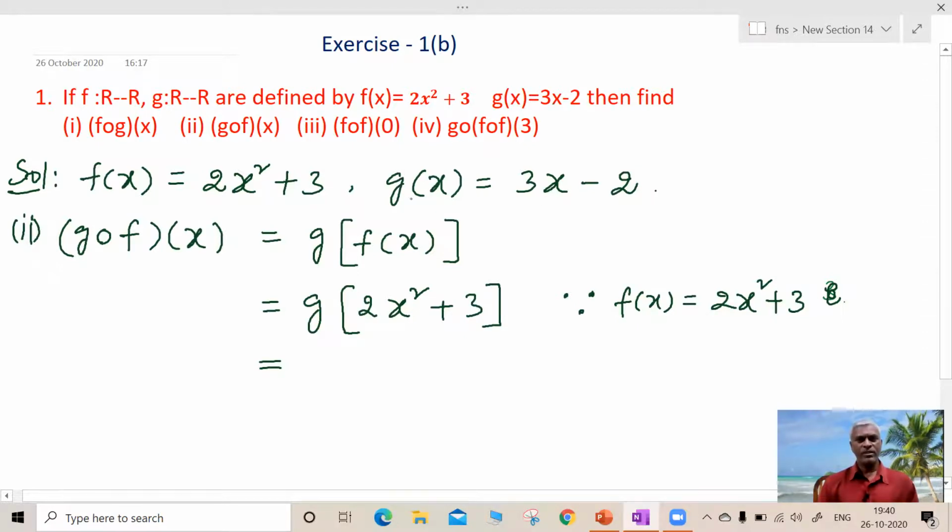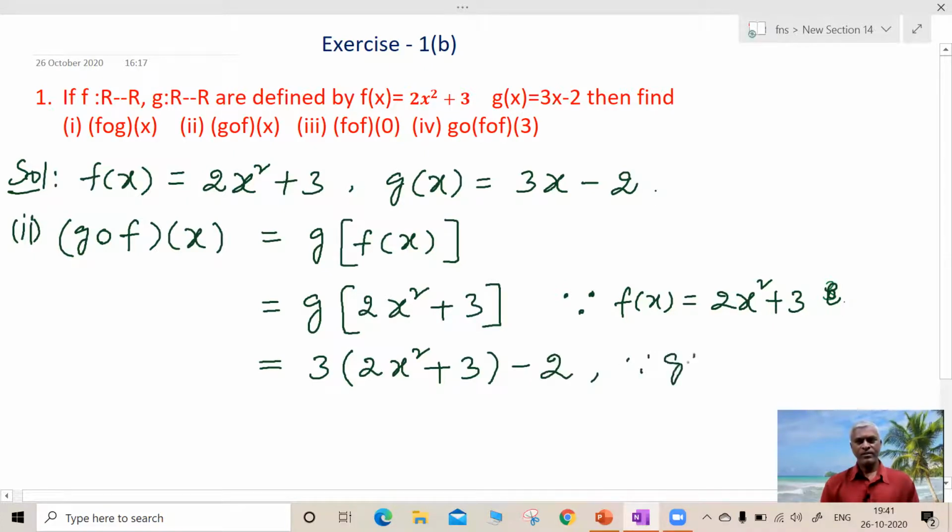If we want g(2), we substitute 2 in place of x. Just like that, g of anything: this is inside the bracket, this is the x value. So 3 into x means 3(2x² + 3) − 2, as it is.